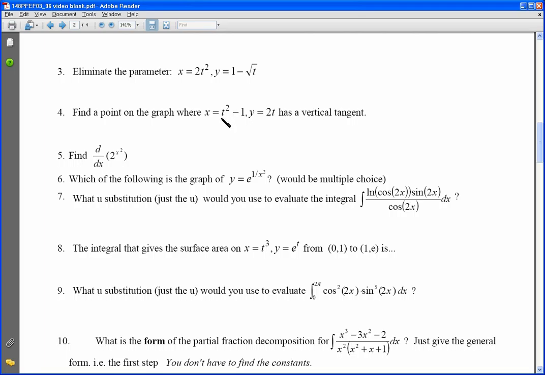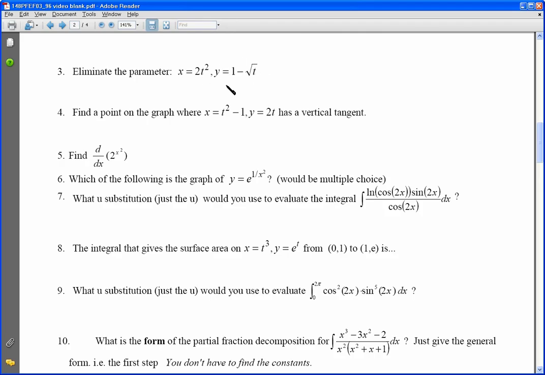It's actually a little bit easier to solve for y than it is to solve for x, because if you solve for x, then you've got to take some square roots.